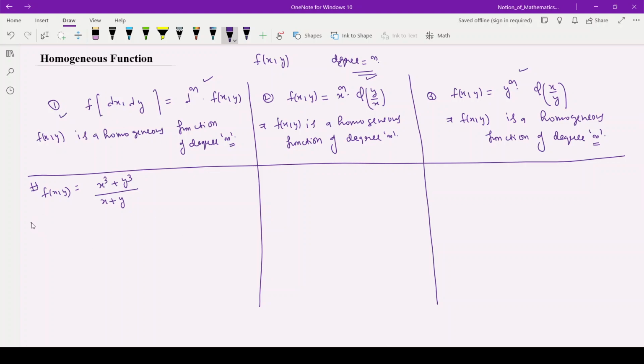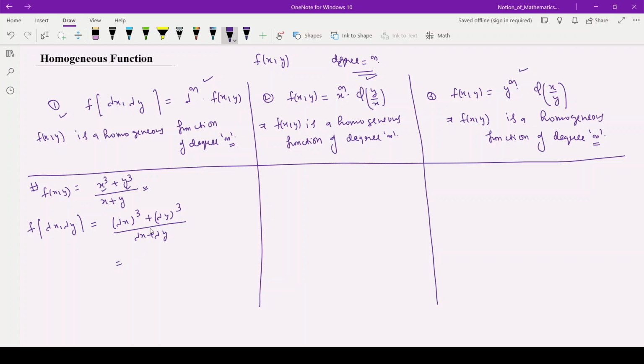In order to apply the first method, I will evaluate f(λx, λy). So x is replaced by λx, y is replaced by λy throughout the given terms. So it is ((λx) whole cube plus (λy) whole cube) upon (λx plus λy).